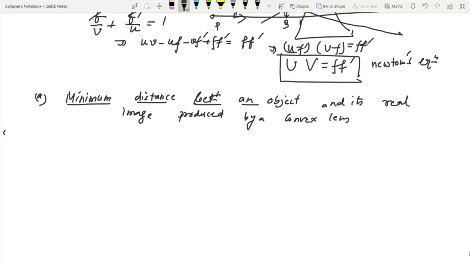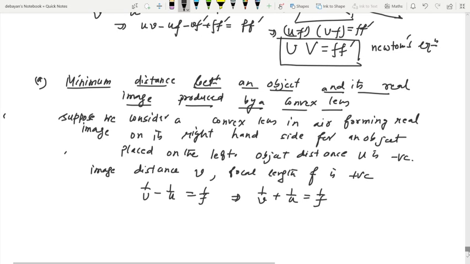Now the question is to find the minimum distance between the object and its real image. For the distance to be minimum, the distance d is equal to u plus v, and its derivative should be 0.